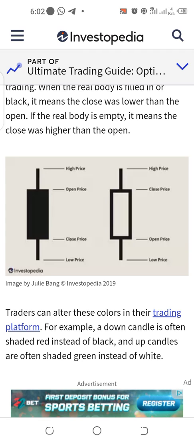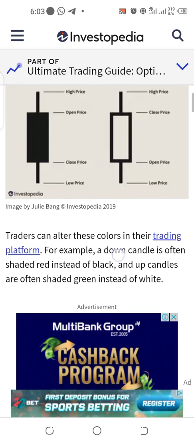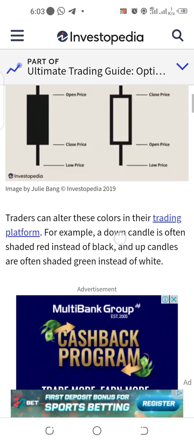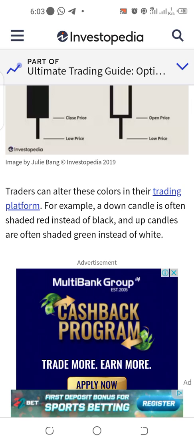So whenever the opening price is lower than the closing price, it means it is a bullish candlestick. And whenever the opening price is higher than the closing price, it is called a bearish candlestick. So that's why black represents red, bearish, and white represents green, bullish.